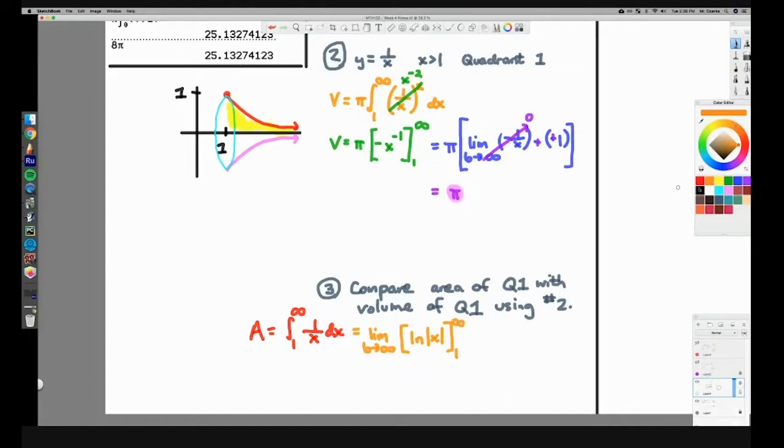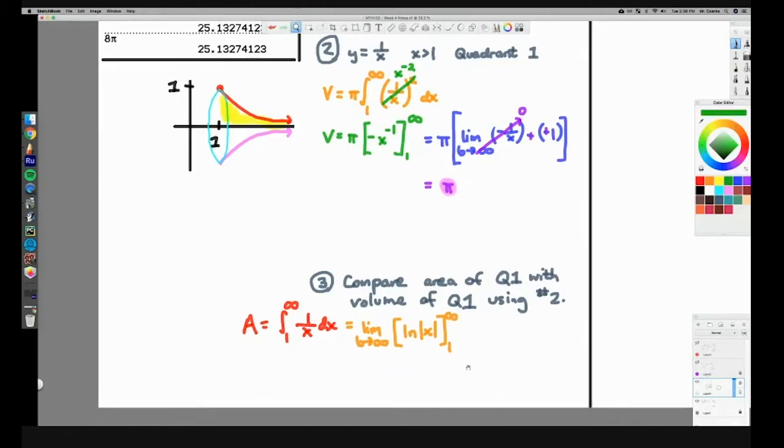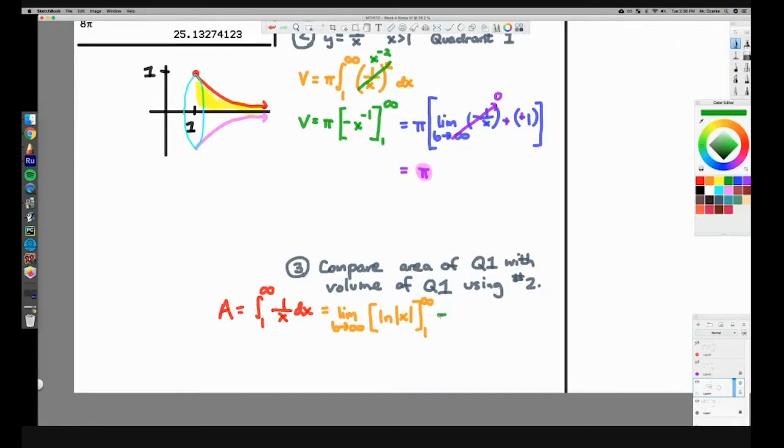We're not even done yet. Wait till you see this. All right, so it is infinity because if you plugged in b here, you would get ln of b minus ln of 1, and b is going to infinity.